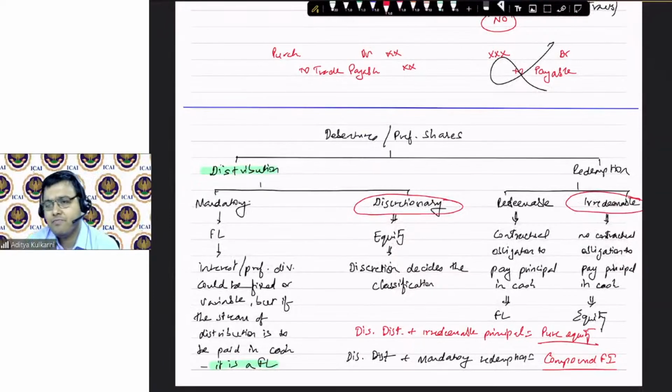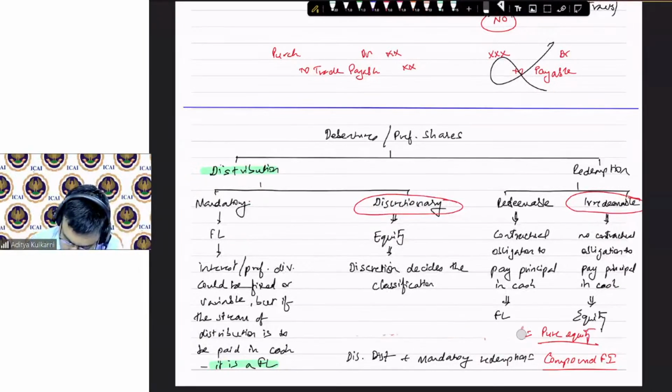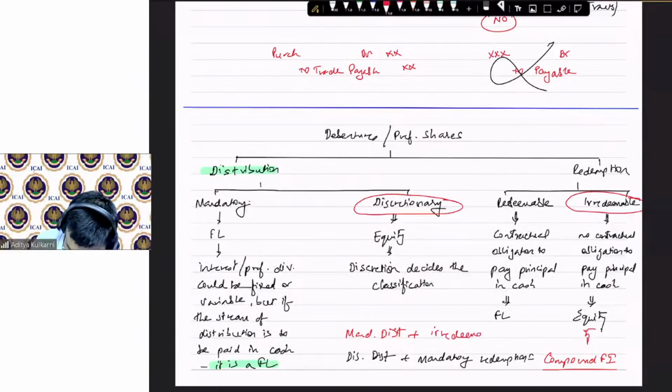So you could have a pure financial liability where distribution is mandatory and redemption is mandatory. Pure equity where distribution is discretionary and the instrument is irredeemable. Or you could have a compound financial instrument where either there are discretionary dividends with a mandatory redemption, or mandatory distribution with irredeemable principal.